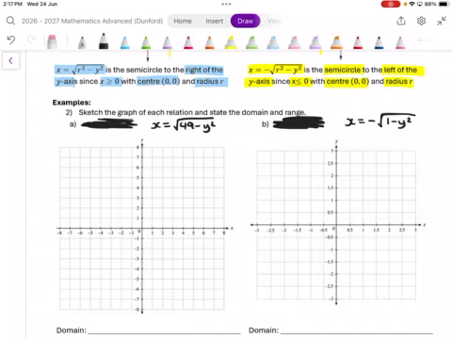Okay, so our first one is in the form x equals the square root of r squared minus y squared, and that is where our r will equal 7. So what this means is we go through all of our parts of 7 that are on the right-hand side of our y-axis, and then we can draw our semicircle.